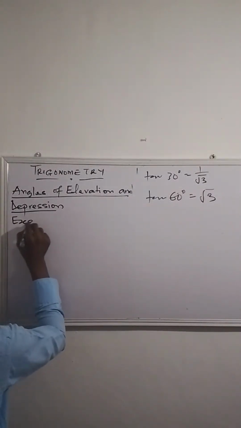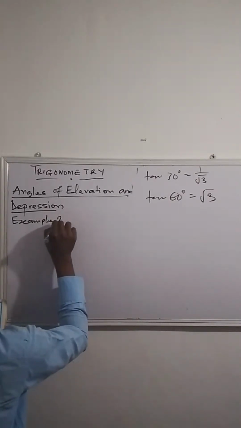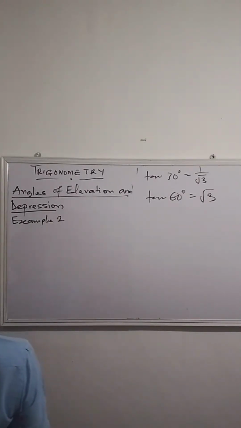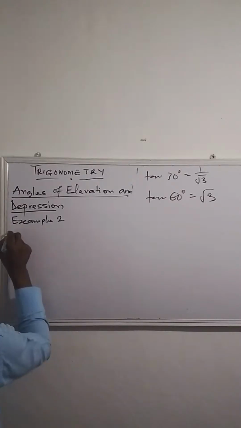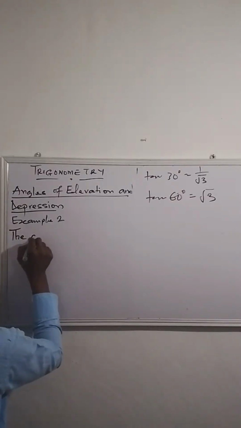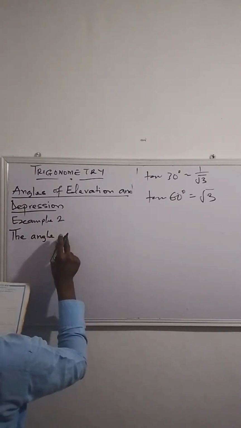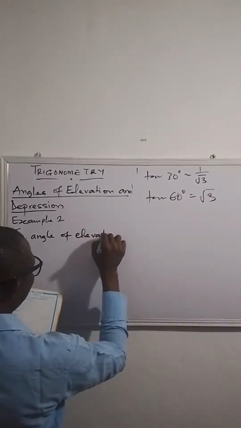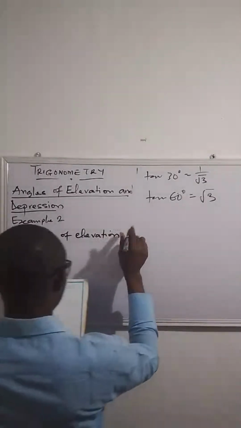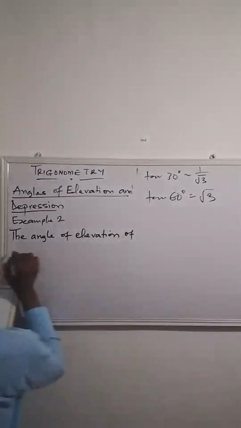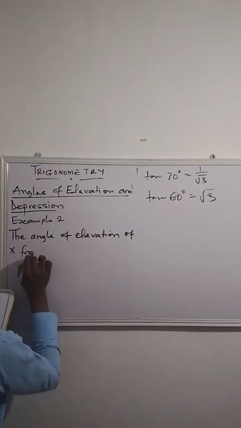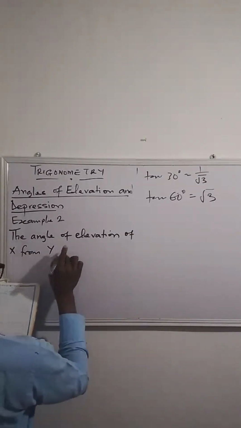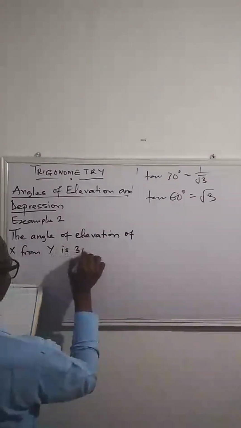Example 2. The angle of elevation of x from y is 30 degrees.